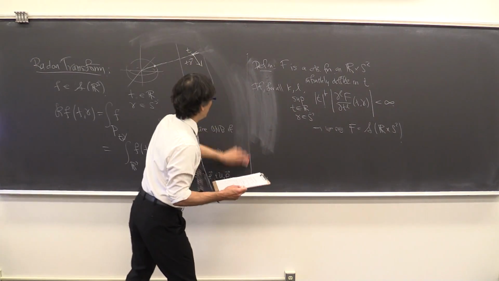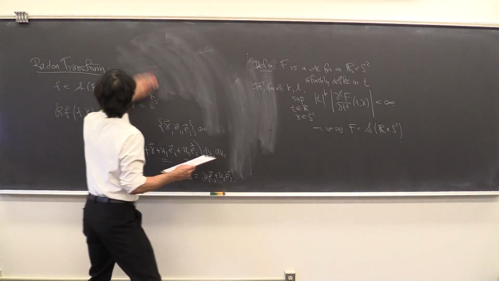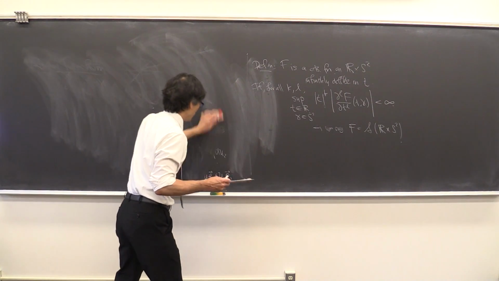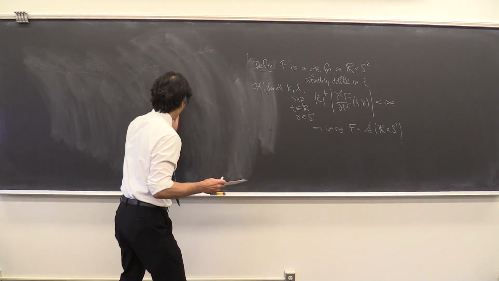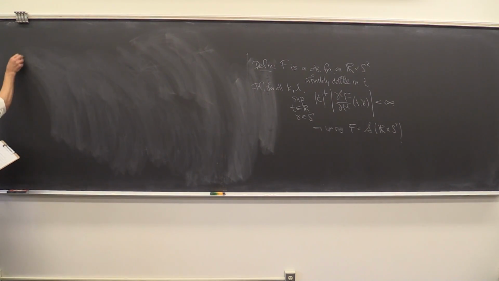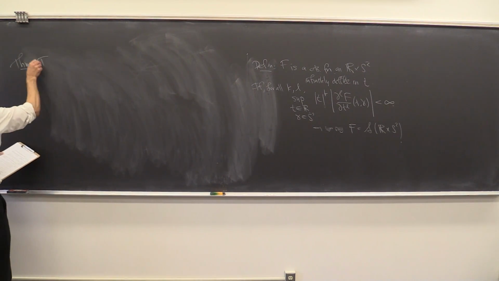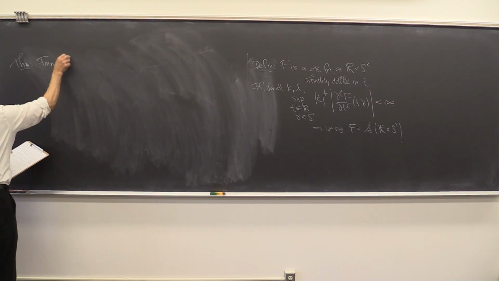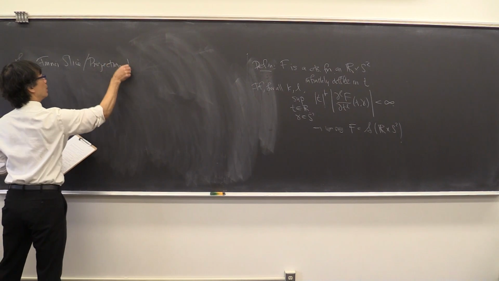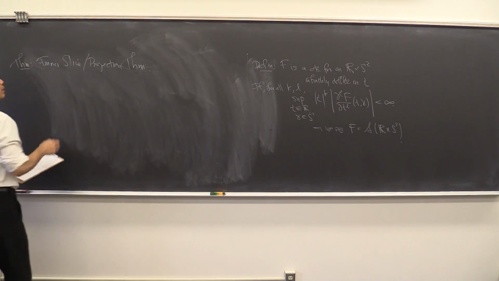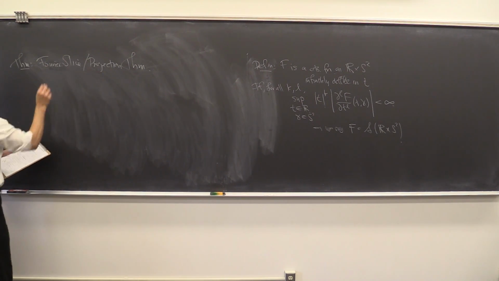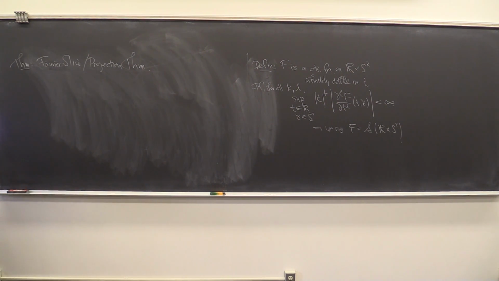Okay, so now we can state the central lemma in the theory of the Radon transform, which is this thing called the Fourier Slice Theorem, or the Fourier Projection Theorem.